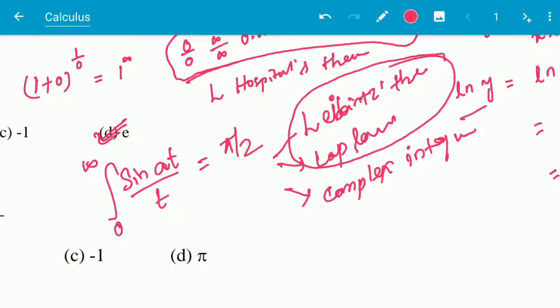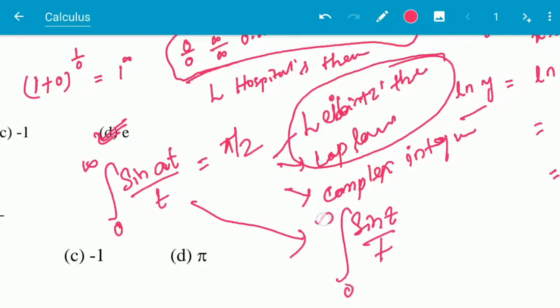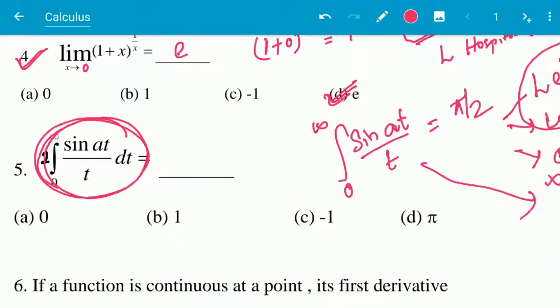This can also be written as integration from 0 to infinity of sin t by t, which is also pi by 2. If we put a value equal to 1, it is also pi by 2. So here the answer will be pi. We have to remember this one. This is generally commonly used in the GATE exam or any such exams. This type of question is generally asked.